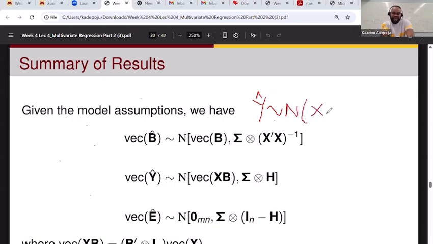There's not going to be a vec if you have just one response variable, and of course this is going to be sigma squared identity, or whatever. So just take a look at that.